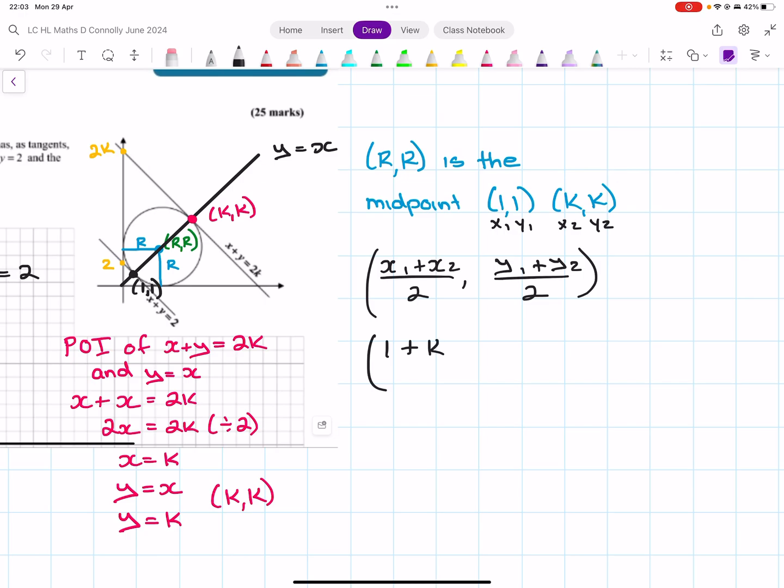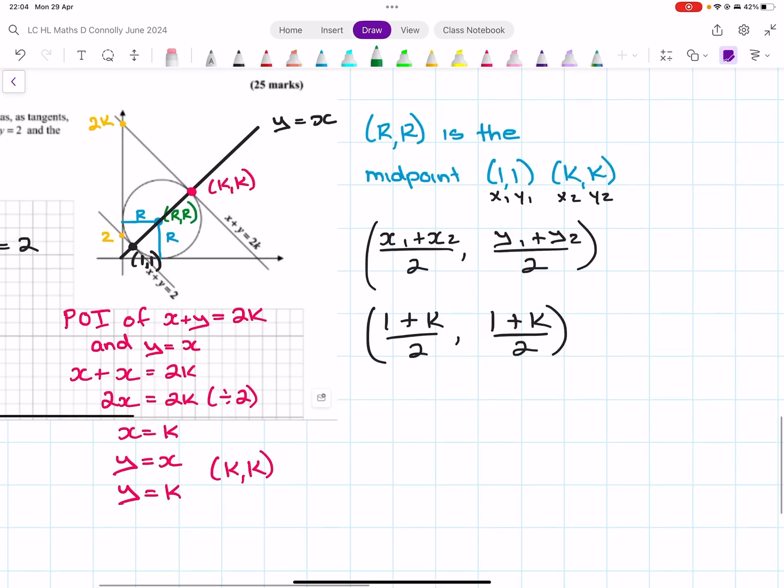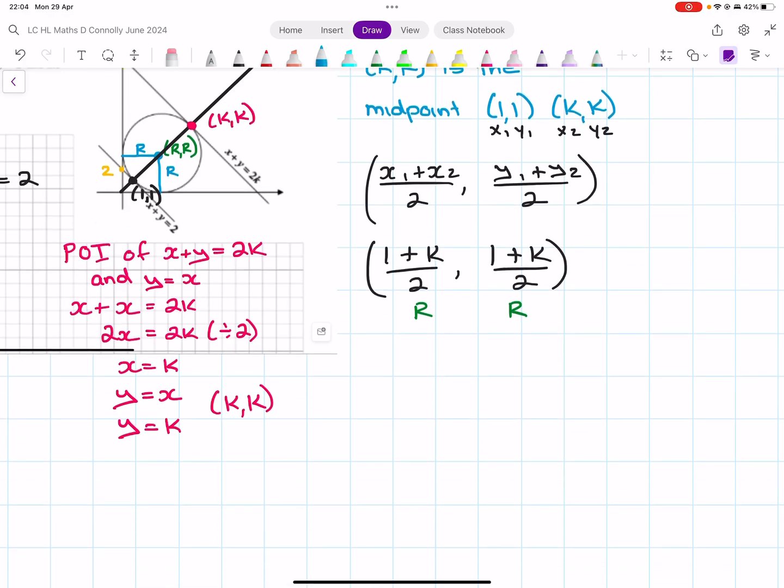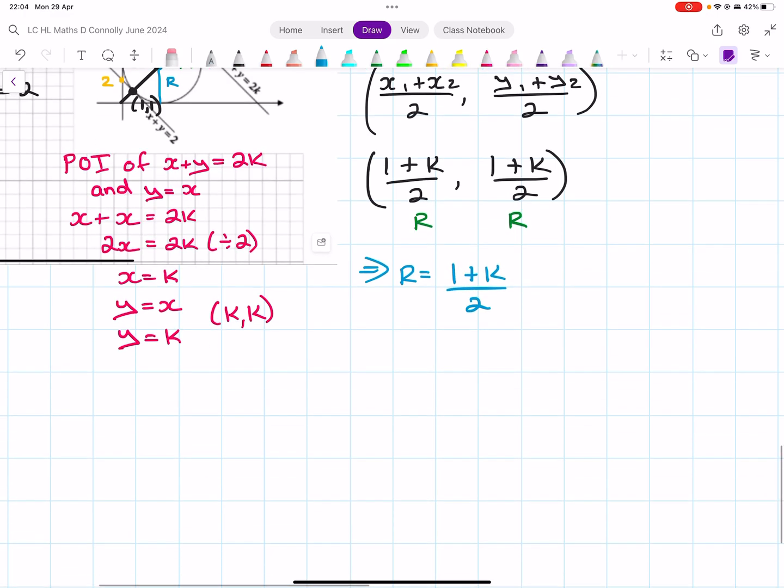So it's (1 plus k) over 2, (1 plus k) over 2, and that is essentially (r, r), which means we get r equals (1 plus k) over 2.